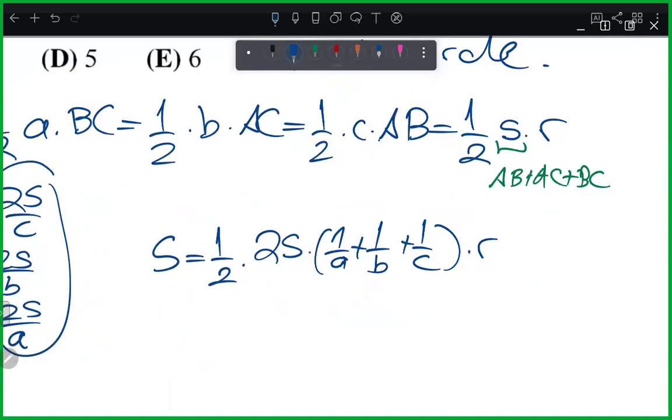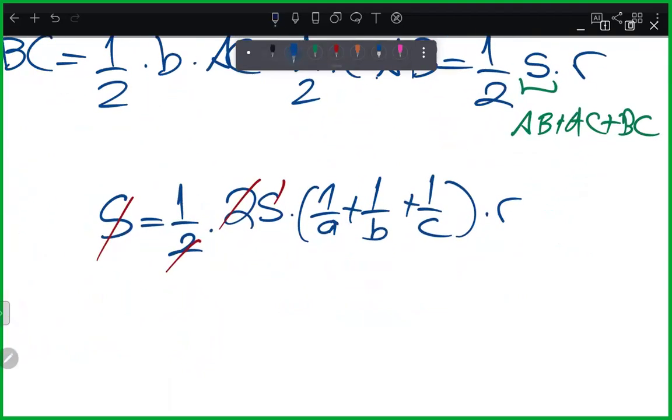Hence, we can cancel out S, and also cancel out the 2's, and we get the relation between A, B, C and R. The relation is 1 over R equals 1 over A plus 1 over B plus 1 over C.